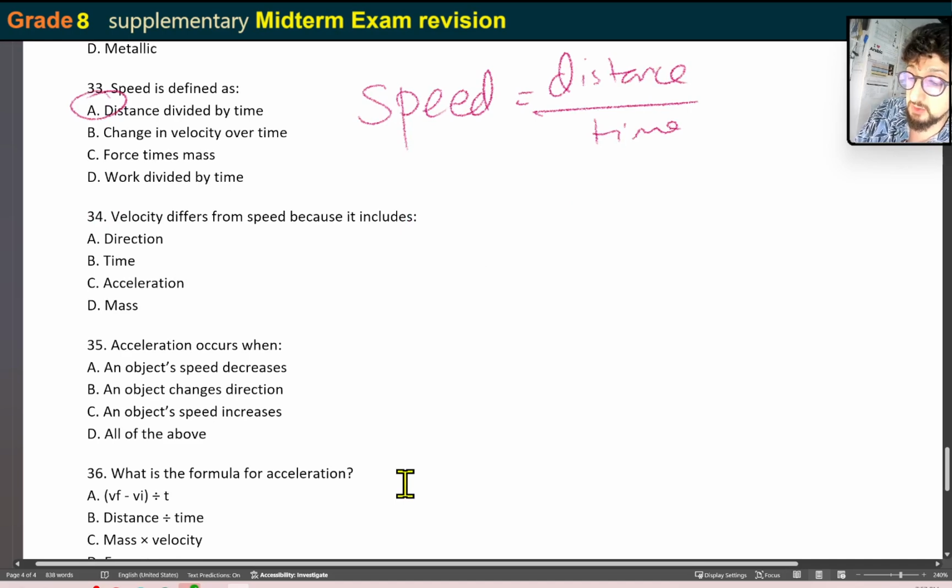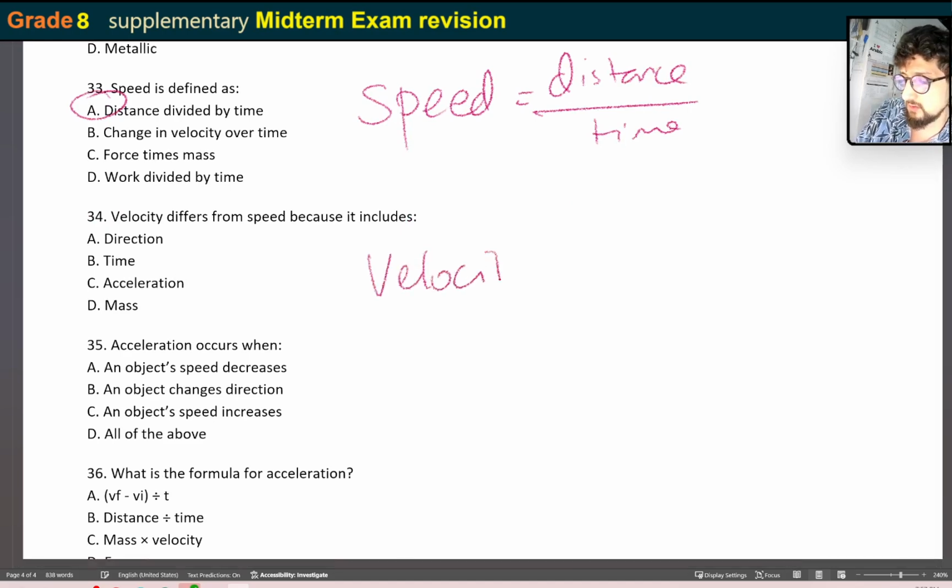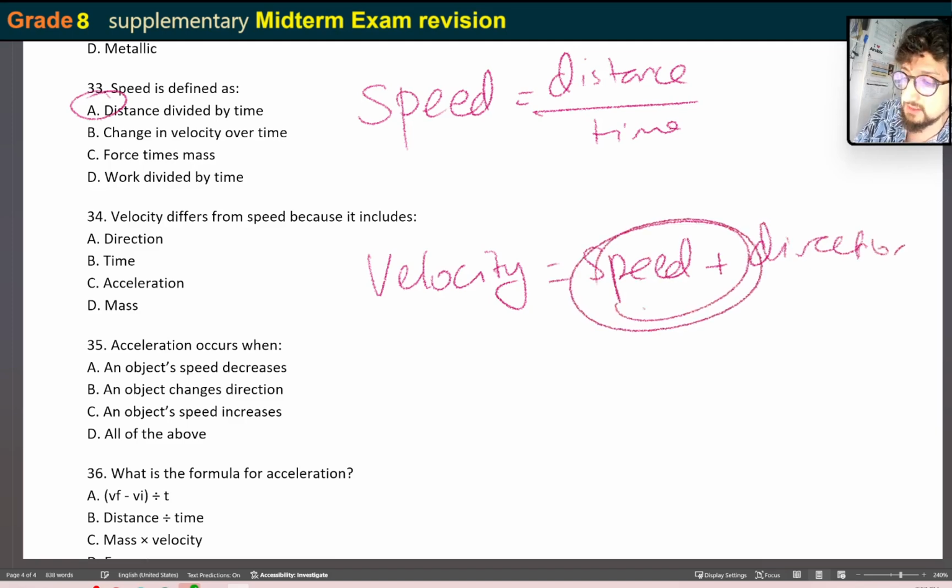Velocity equals speed plus direction. It has direction added to it. So that's what velocity is: speed and direction combined.